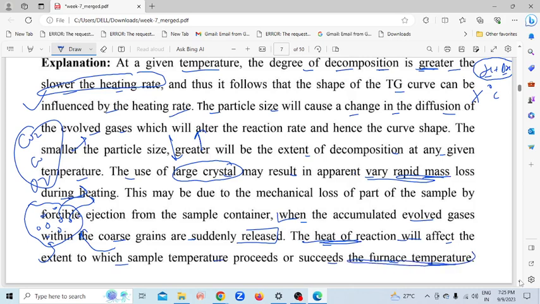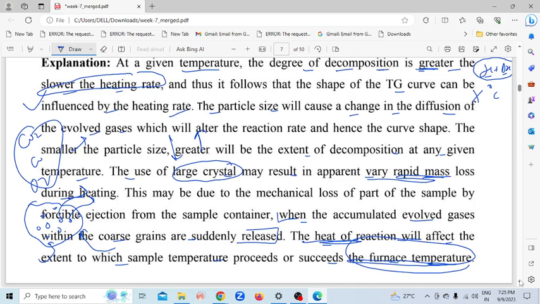Because the main work of the furnace is to increase the temperature as per our requirement, as per the heating rate provided by us.